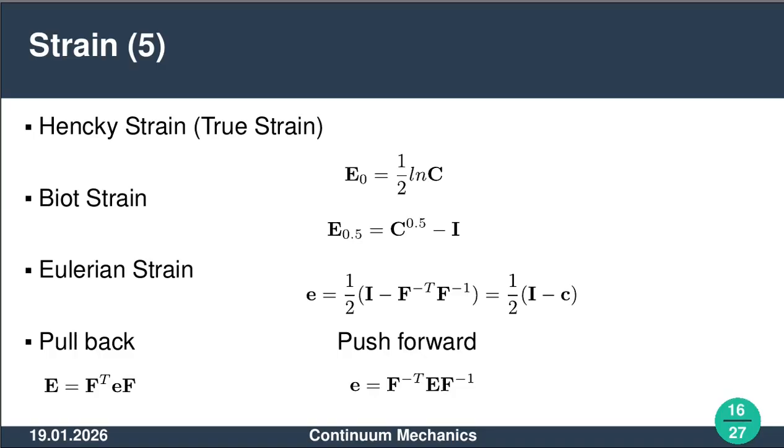If we want to go from the Lagrangian strain to the Eulerian one, we can do Eulerian strain equal to transpose of inverse of f times Lagrangian strain times inverse of f. So basically, pull back and push forward to switch configurations.